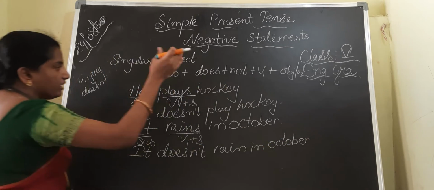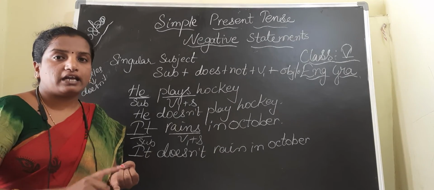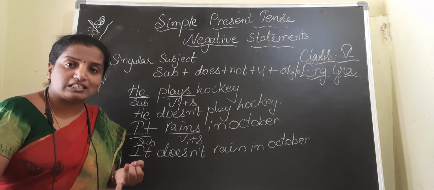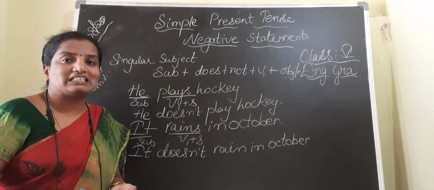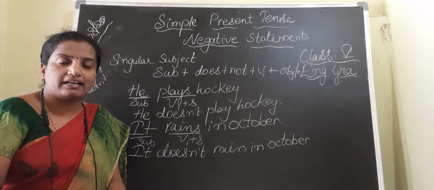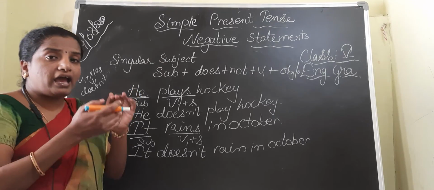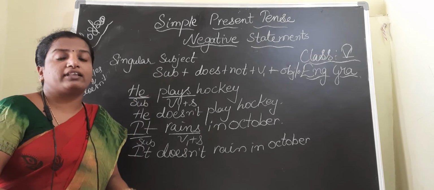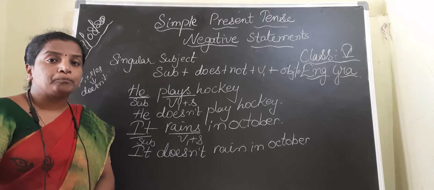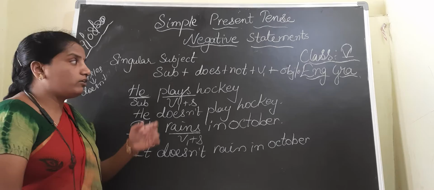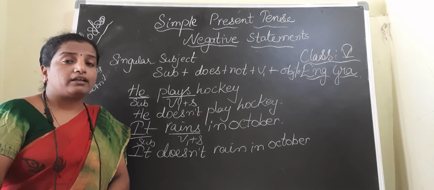See, children, regarding this chapter, we have discussed the negative statements with the singular subject and plural subject in the simple present tense, and how to write them. While writing negative statements, children, you have to be very careful with the subject and the verb.